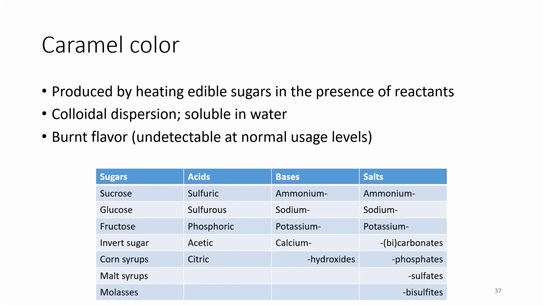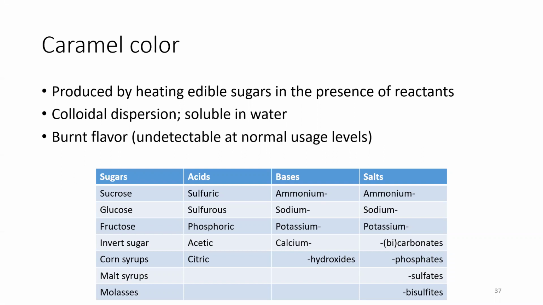But you can start with any number of sugars, and you can use any number of these acids. You can include some bases. You can include some salts. Those are all the different combinations that you can use to make these different colors.